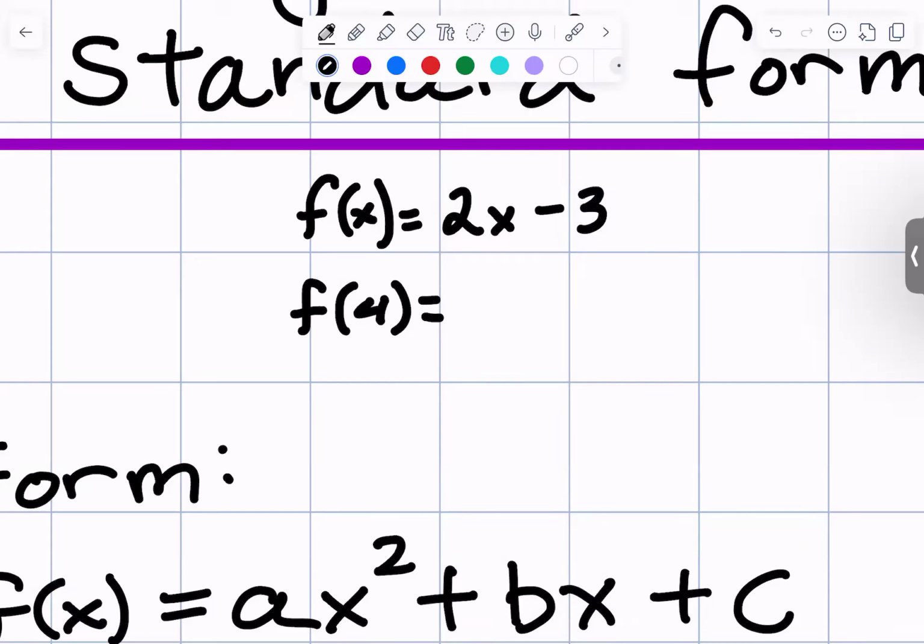So how do I get f of 4 then, when f of x equals 2x minus 3? What do I do with the 4? I plug it in for x, right? So 2 times 4 minus 3, that's 8 minus 3, that's 5, right? So I get my y value of 5 when x is 4.